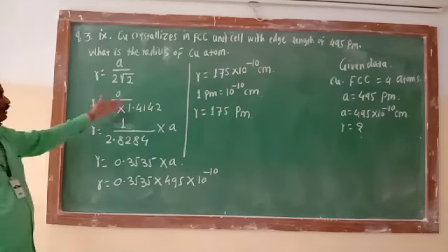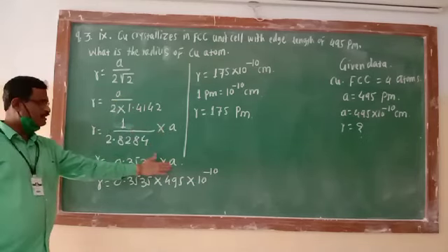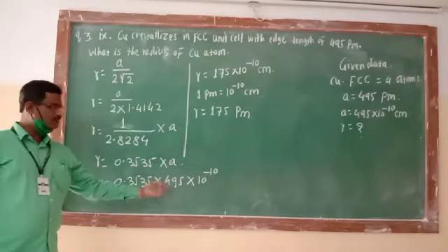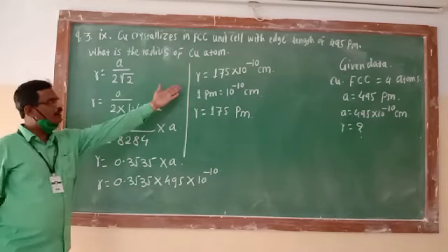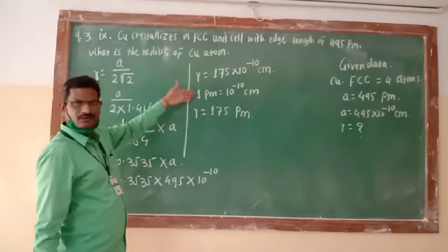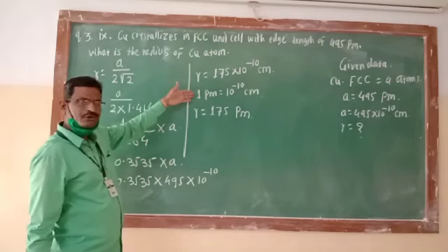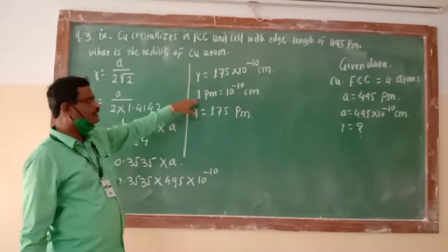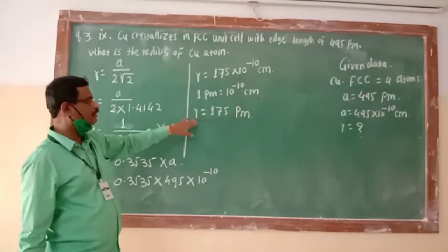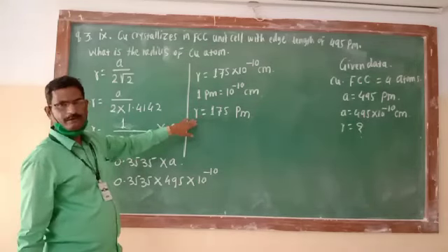Simply substitute the value of a, multiply the value of a by this factor, log of first term plus log of second term and antilog. We will get the radius in centimeter. That centimeter is converted to picometer, because 1 picometer is equal to 10 raised to minus 10 centimeter. Therefore, the radius will be equal to 175 picometer.